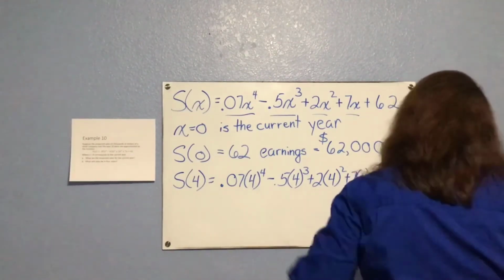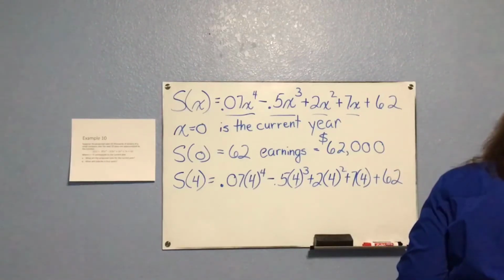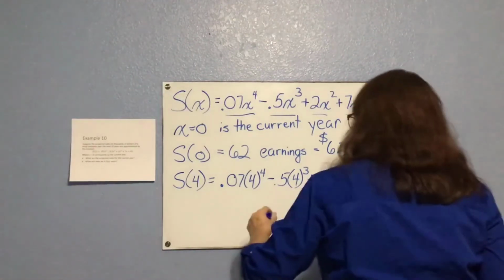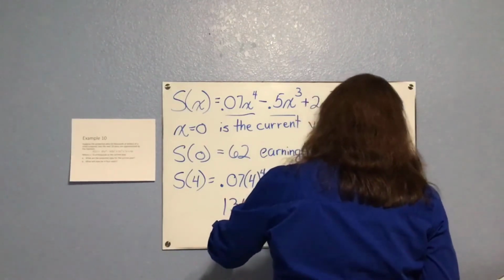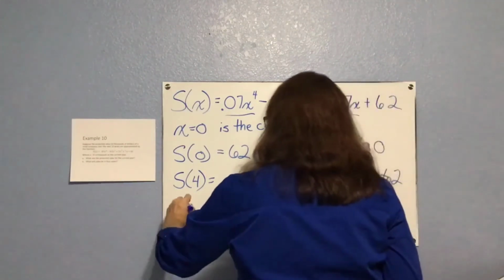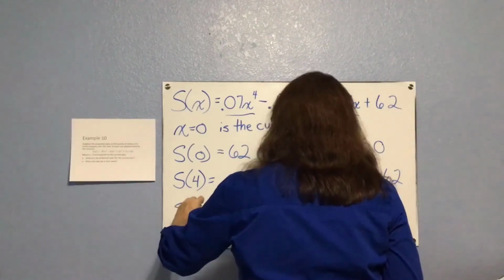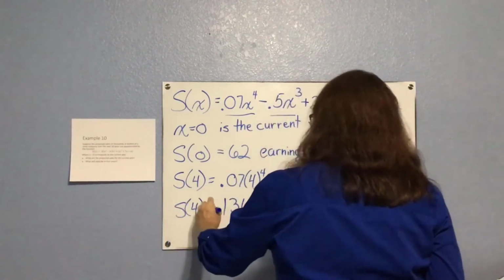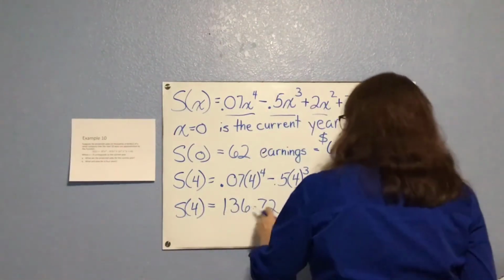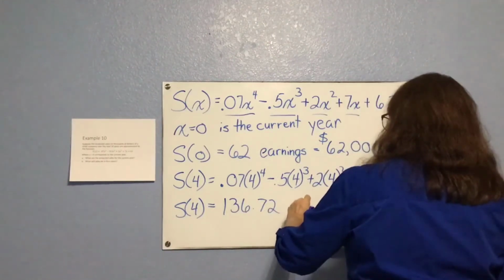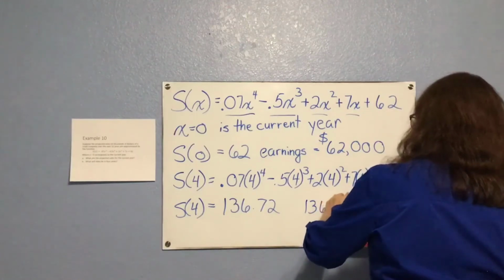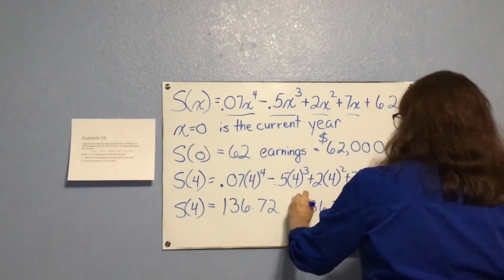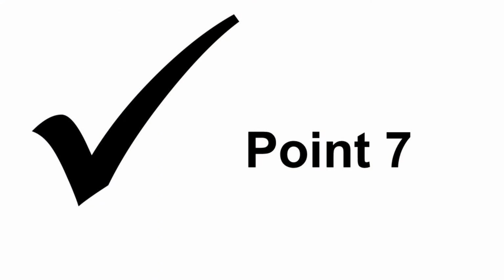Put all of that in your calculator, and you should come up with 136.72. This is S of 4, which gives us a sales figure. Remember, this is thousands of dollars, so $136,720. Pause the video now and work on checkpoint 7.